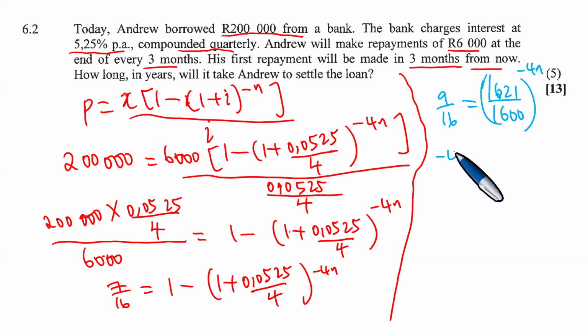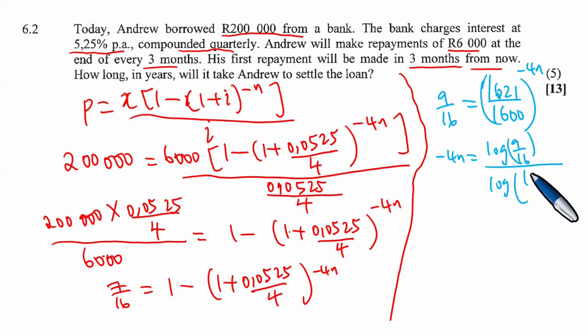And this means that minus 4n is equal to the log of 9 out of 16 divided by the log of 1621 divided by 1600, like this.